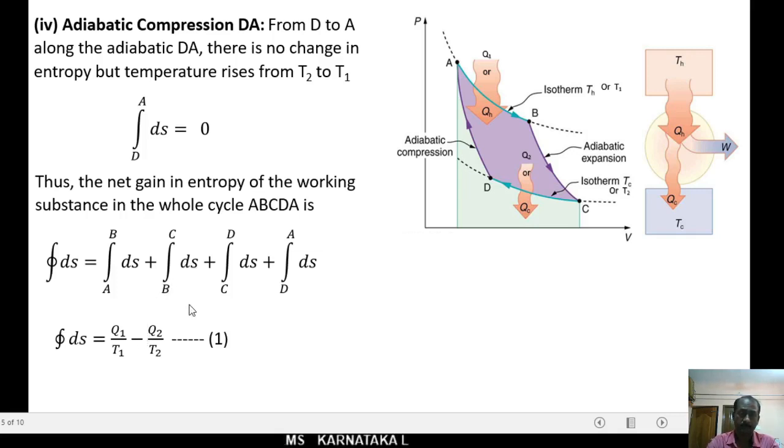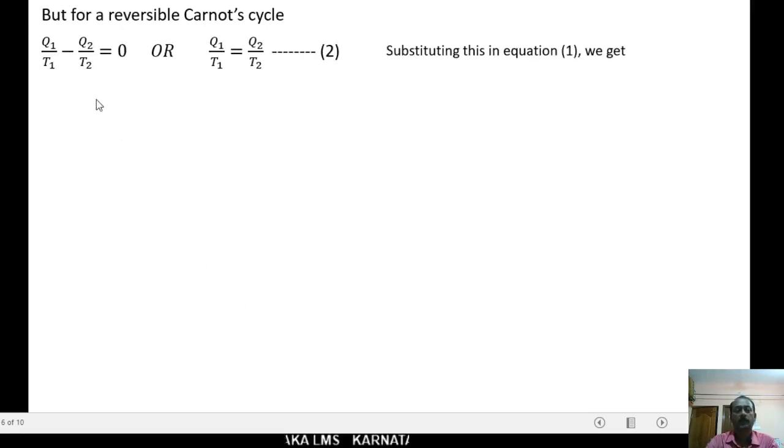Third one, during isothermal compression, the entropy decreases, hence the value is taken as negative, that is minus Q2 by T2. And fourth one, here dS is equal to 0 along DA, hence it is 0. Only the two terms are possible here, that is Q1 by T1 minus Q2 by T2, let it be equation 1. But for a reversible Carnot cycle, Q1 by T1 minus Q2 by T2 is equal to 0, or Q1 by T1 equals Q2 by T2.